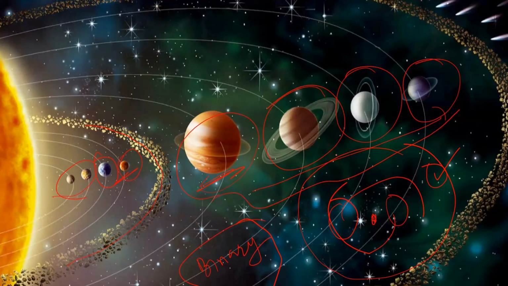Okay, so we'll discuss further about binary stars and how stars evolve with time, how planets evolve with time, and how they are revolving around any planet or any galaxy. So this is all about gravity, masses, matter, and energy also.